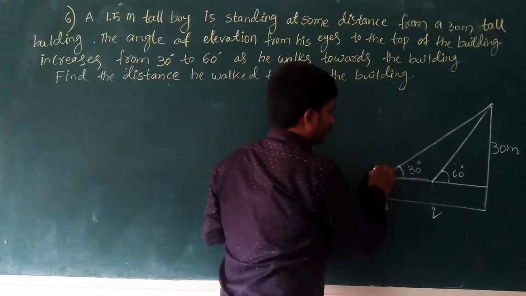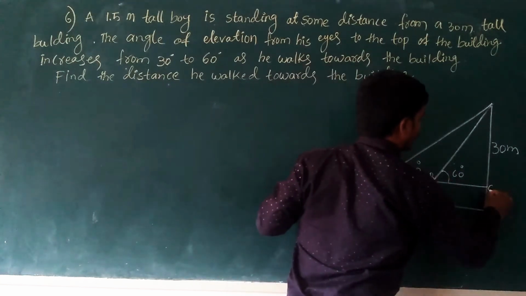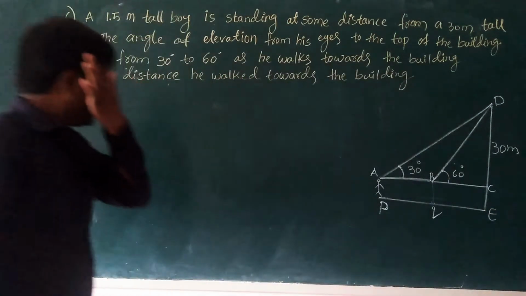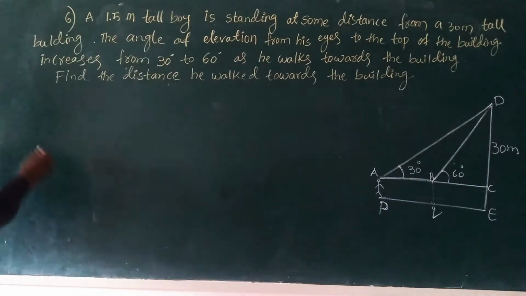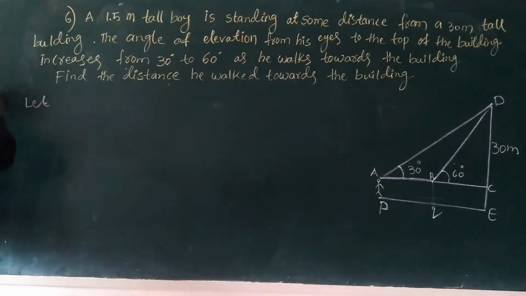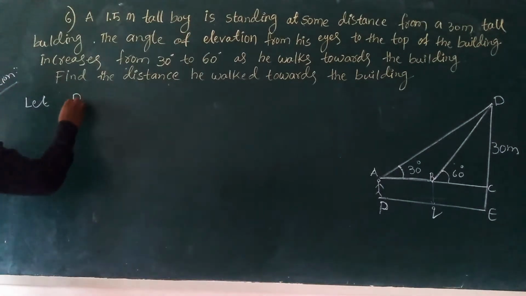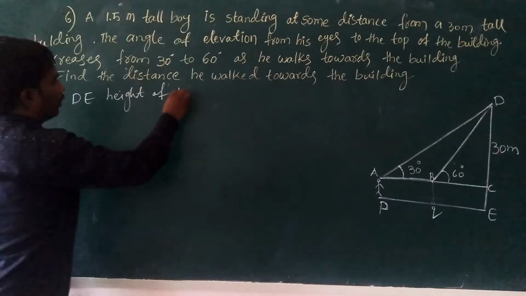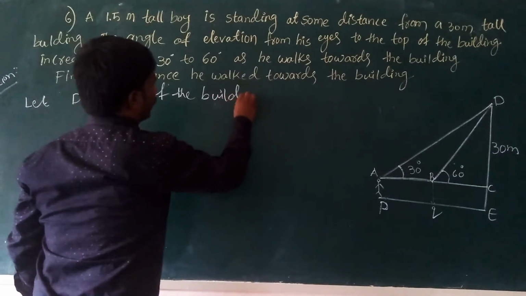Consider the points A, B, C, D and E. Solution: let DE be the height of the building.